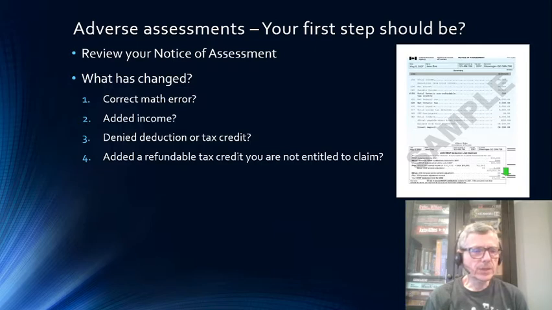What credits could they possibly refute in terms of non-refundable tax credits? Perhaps medical. That pops up often. Donations, and perhaps the caregiver or disability tax credit. All those credits I've seen in the past being refuted.